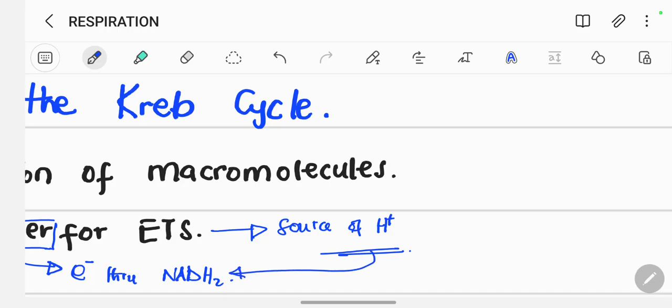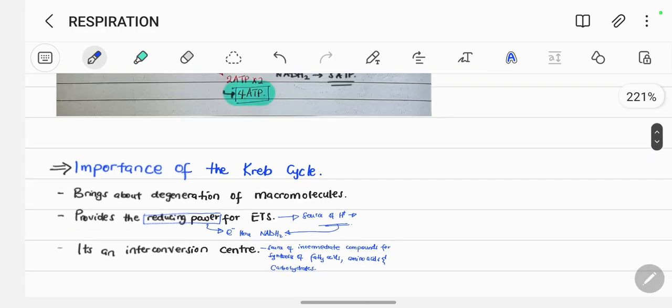It is through the very many NAD molecules that it was forming. Those are the ones that are going to be moving hydrogen ions from the Krebs cycle to the electron transport chain.